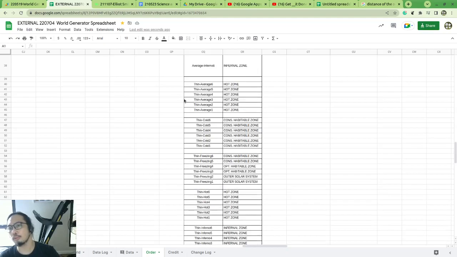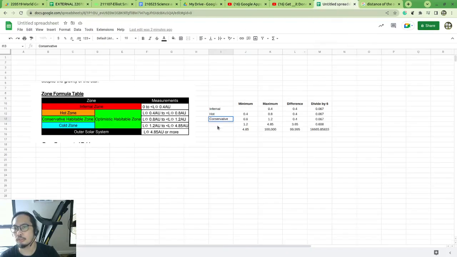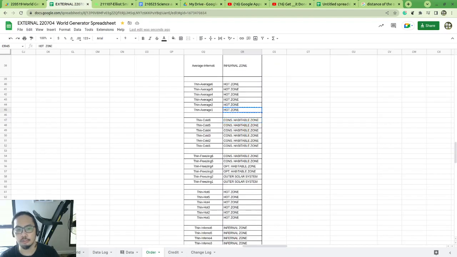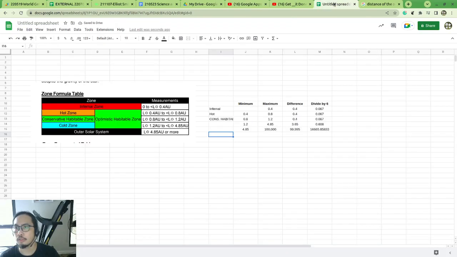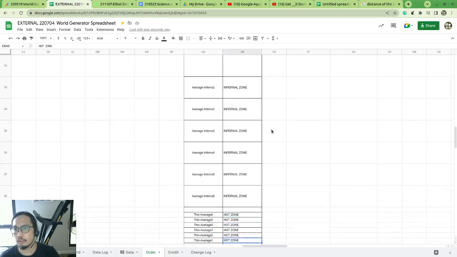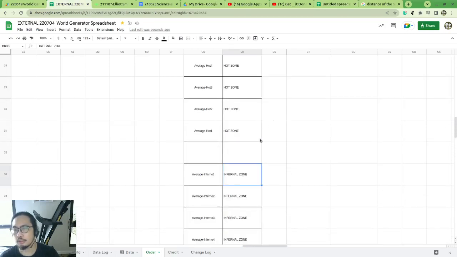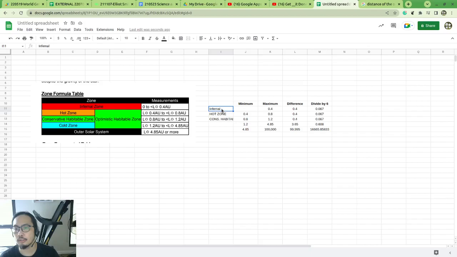So, conservative habitable zone. Yeah, because it has to be. It's going to be a reference thing.